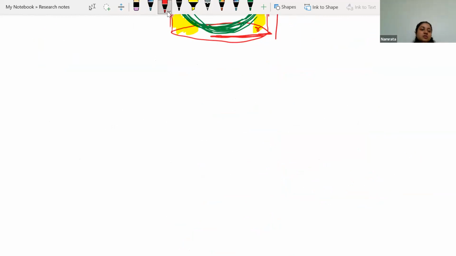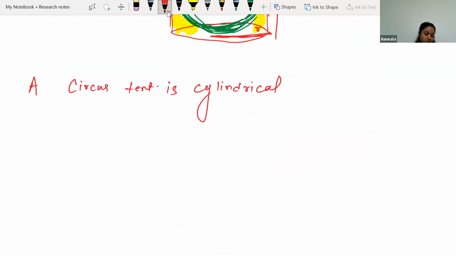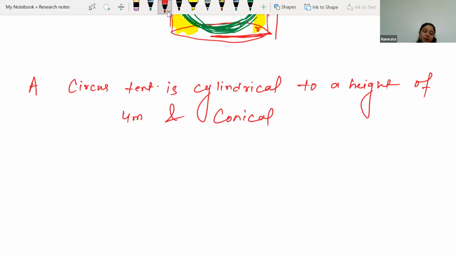So the next question is, a circus tent is cylindrical to a height of 4 meter and conical above it.